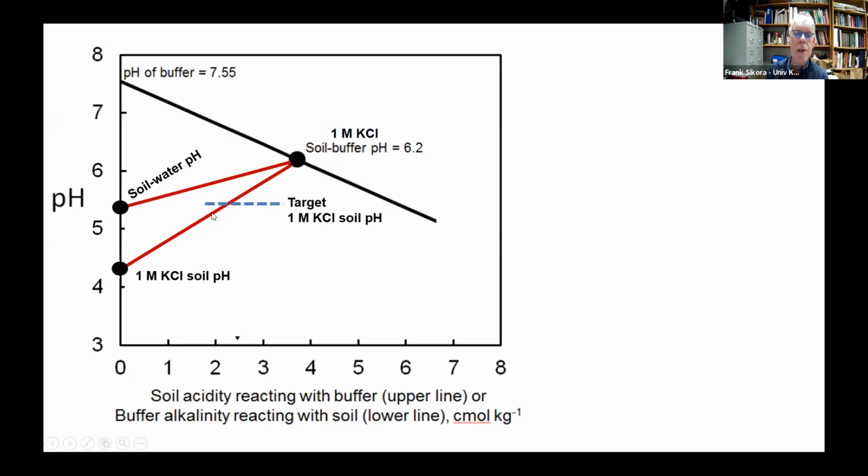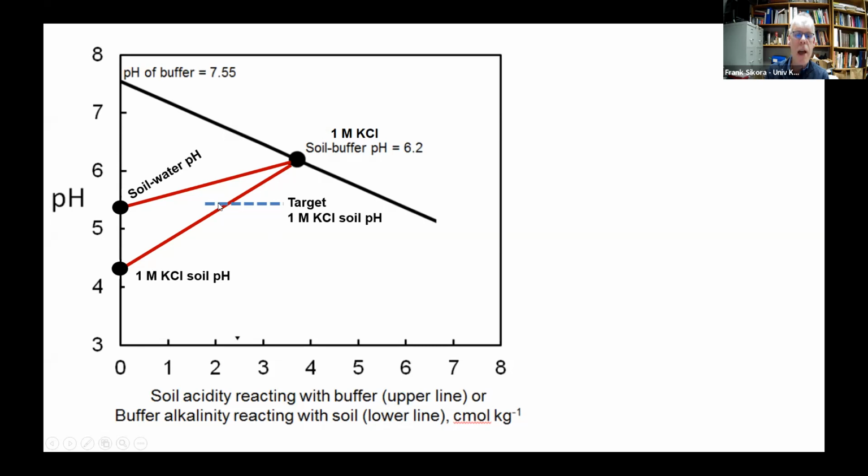If we're looking at this lime response curve, the target pH would need to be what the lime is needed to raise the pH to, a 1 molar potassium chloride soil pH for the target.